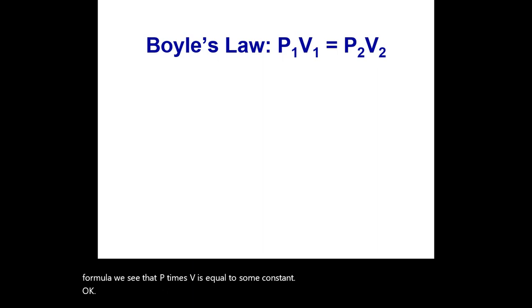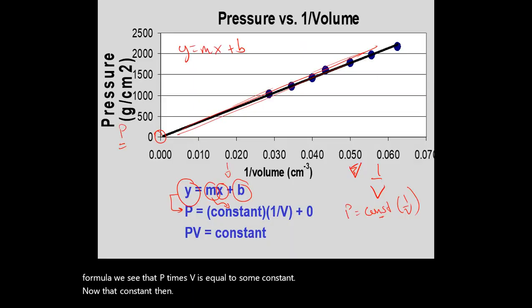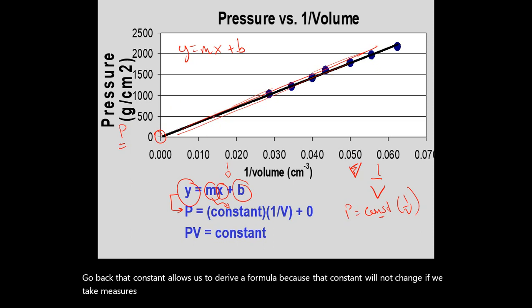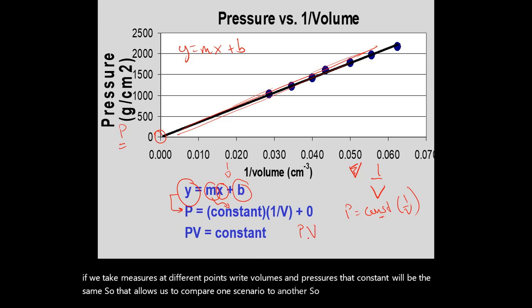Now, that constant allows us to derive a formula because that constant will not change. If we take measurements at different points, volumes and pressures, that constant will be the same. So that allows us to compare one scenario to another. So we can say P1V1 is going to be equal to some constant.